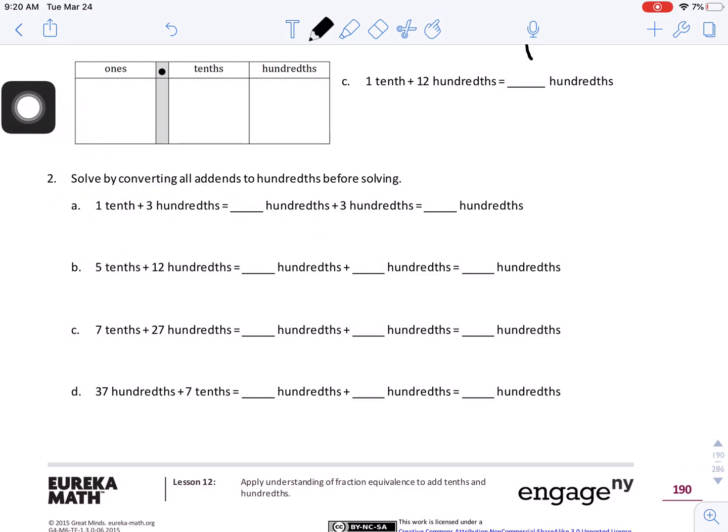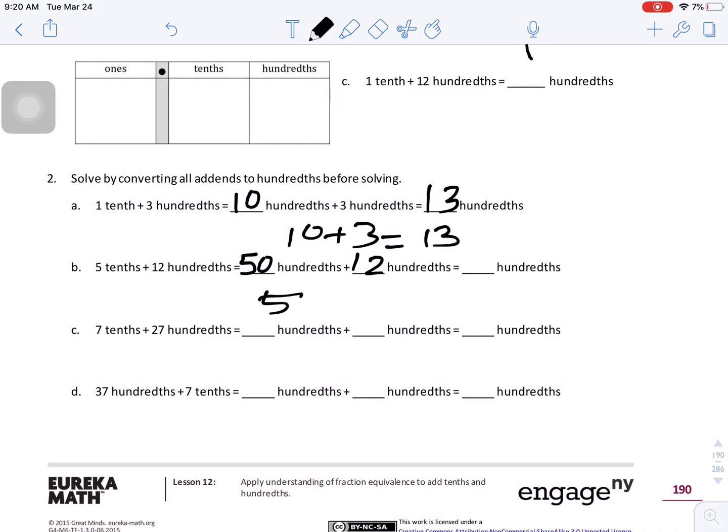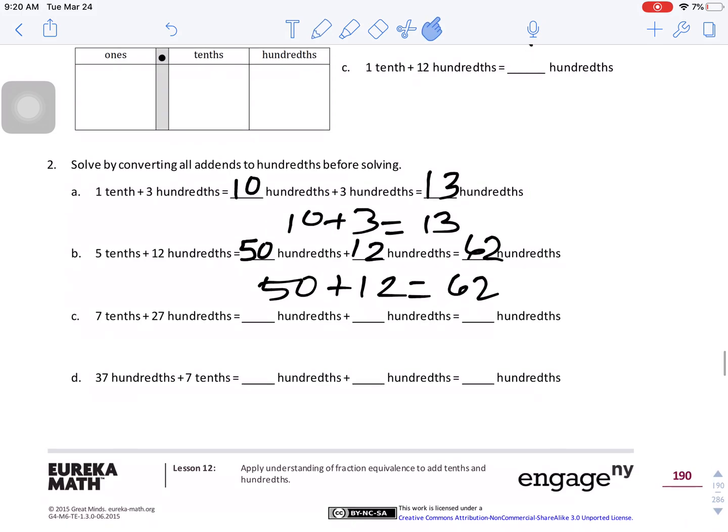So for example, 1/10 is 10 hundredths plus 3 hundredths. 10 plus 3 equals 13, so it equals 13 hundredths. You will do that for the rest of them. 5/10 is 50 hundredths plus 12 hundredths. 50 plus 12 equals 62, so it is 62 hundredths, and so on.